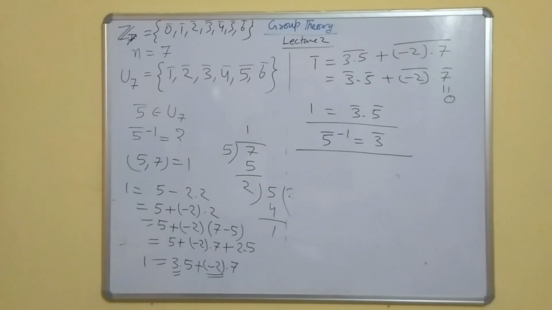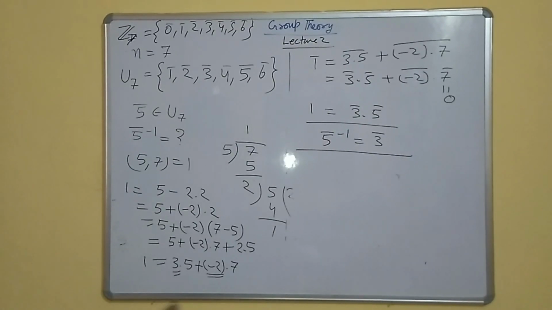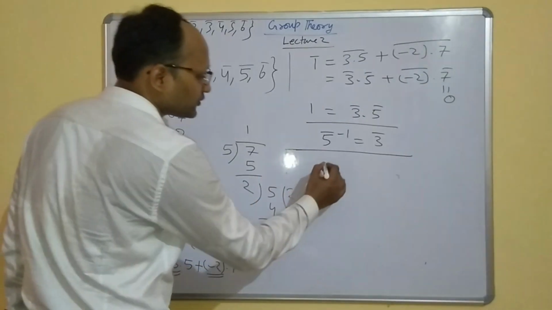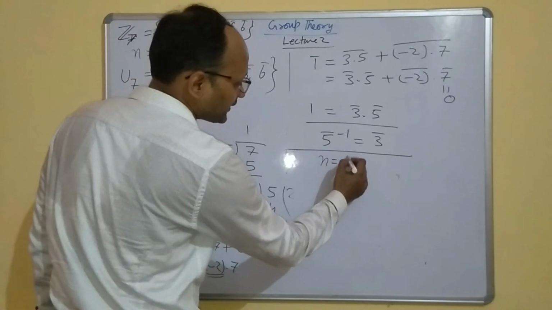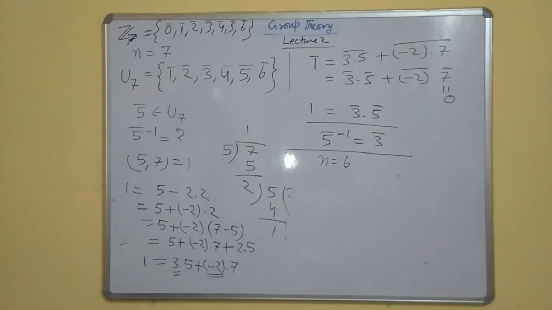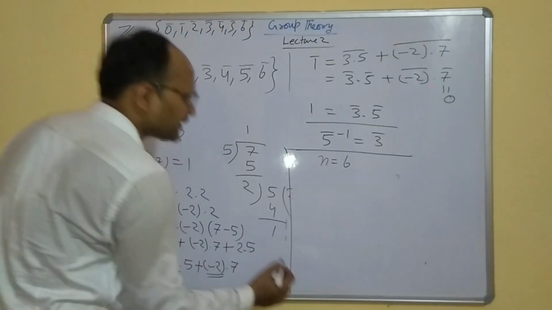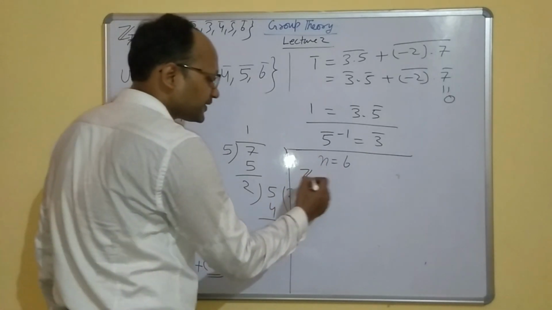Let me explain this thing by one more example. Suppose I take n to be 6. Then we have Z6.